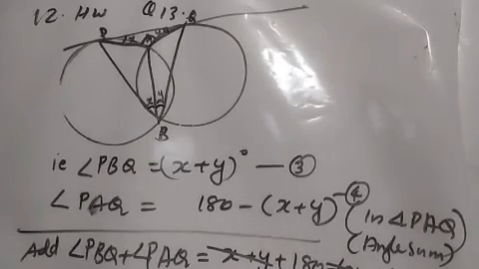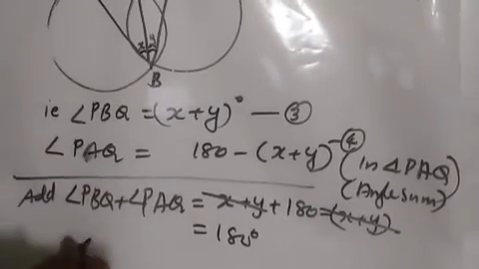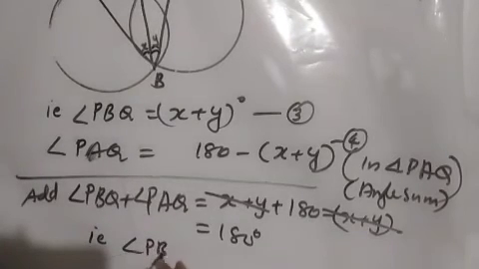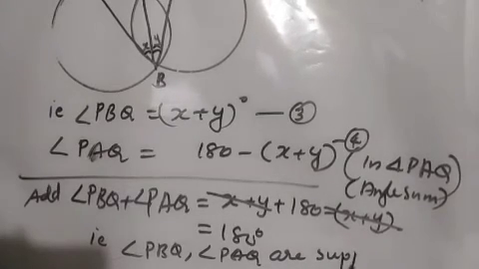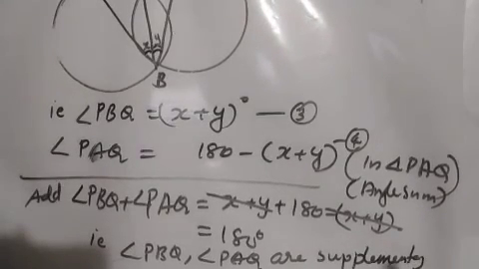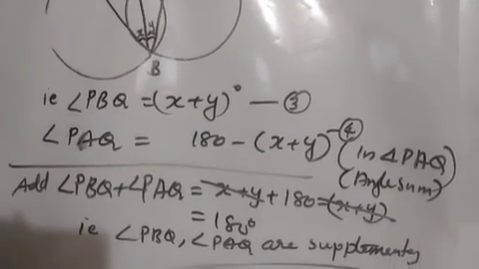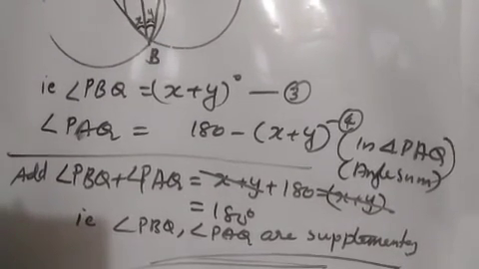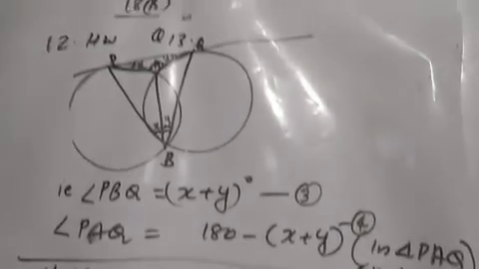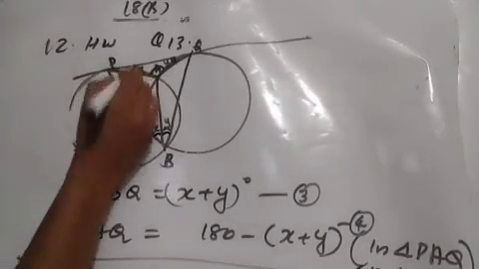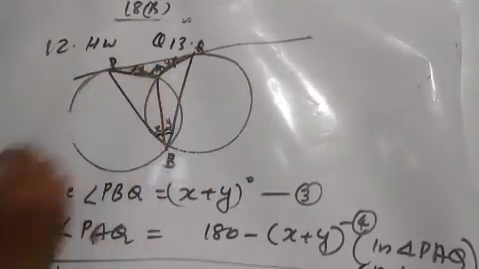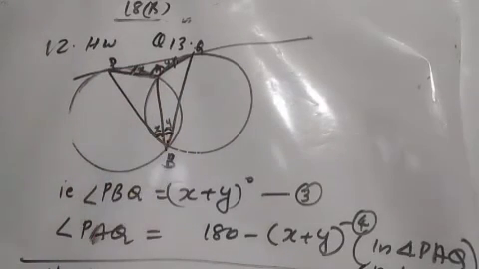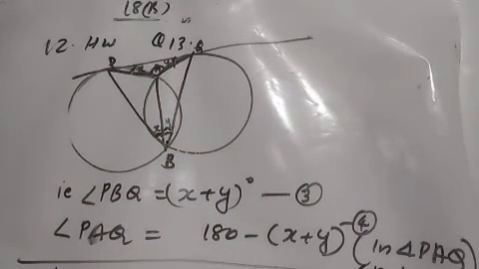So that is equal to 180 degrees. That is, angle PBQ and angle PAQ are supplementary. Understood this? Just apply one theorem and the angle sum property to prove this. Angle between tangent and chord is equal to angle in the alternate segment. Here also the same. And here we applied the angle sum property and added these two angles to obtain 180 degrees, so that they are supplementary angles.